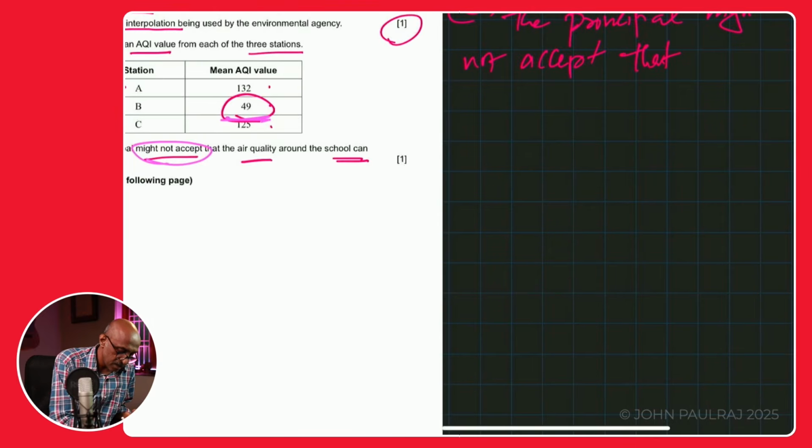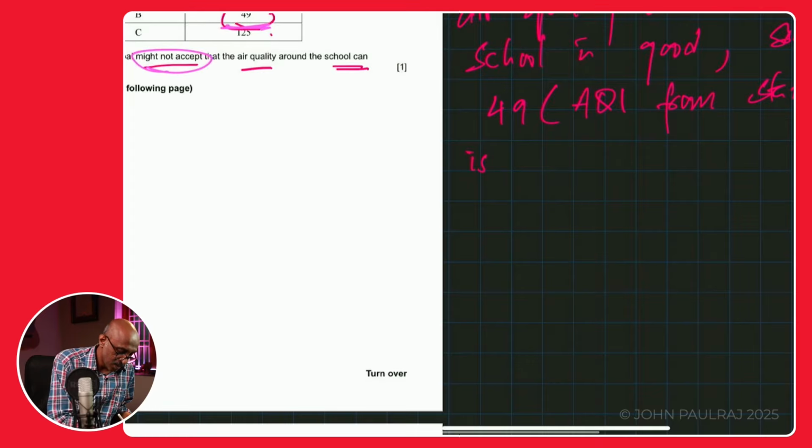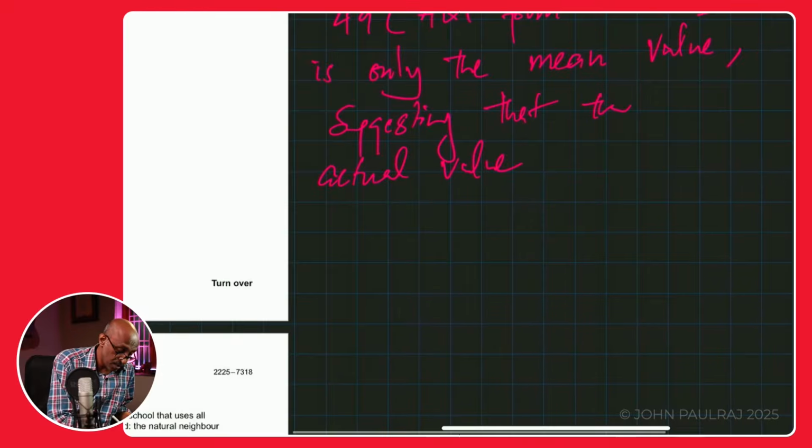might not accept that the air quality around her school is good, since 49, and you can write down AQI from station B, is only the mean value, suggesting that the actual value could be more than 49 also.